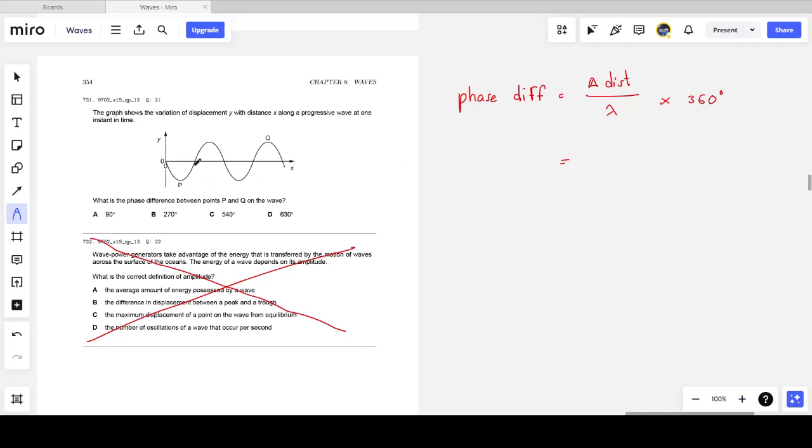So if I look at the graph going from P to Q, I can see that one complete wavelength would be, since P is a trough, to the next trough. But let's say I'm going all the way to Q now.